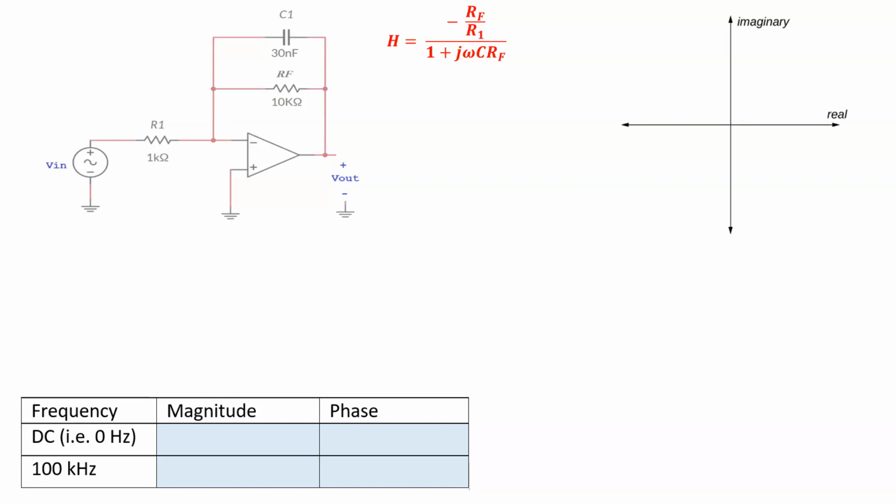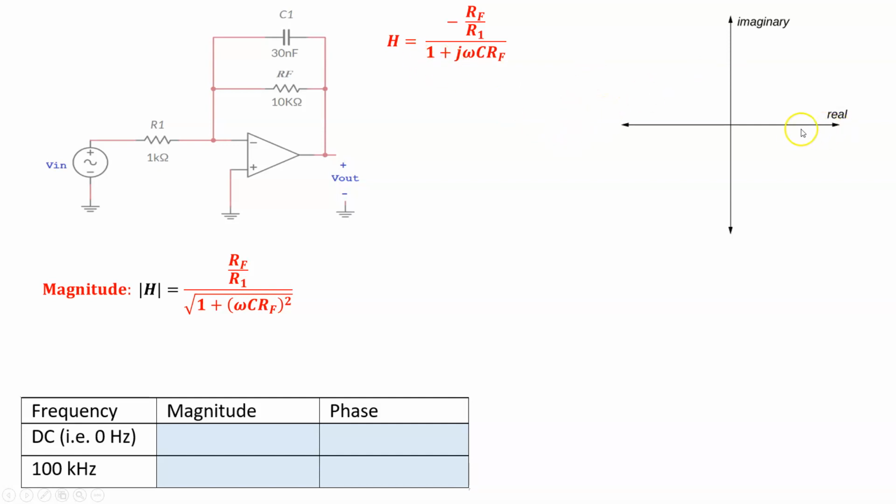The magnitude of the top is simply RF over R1, and the bottom is a complex number of the form P plus jQ. The magnitude of that is the square root of P squared plus Q squared.